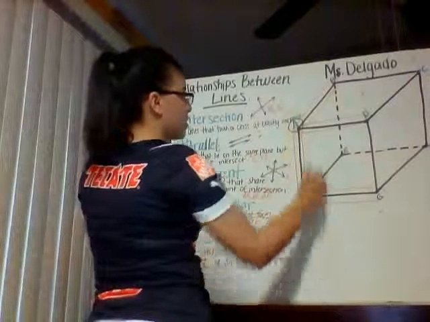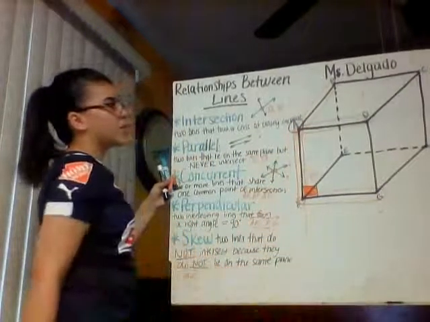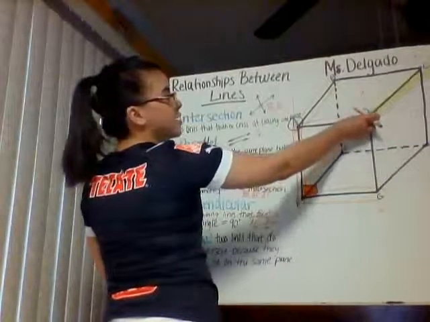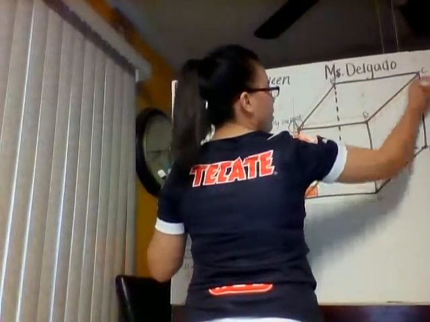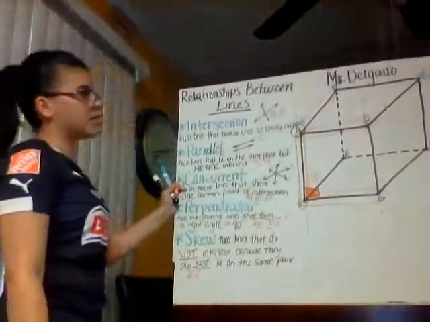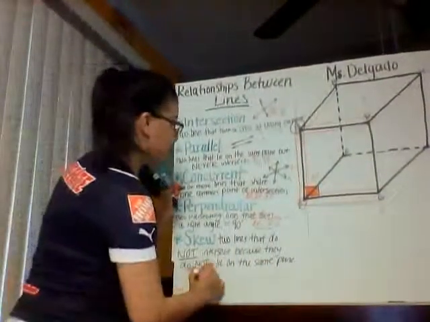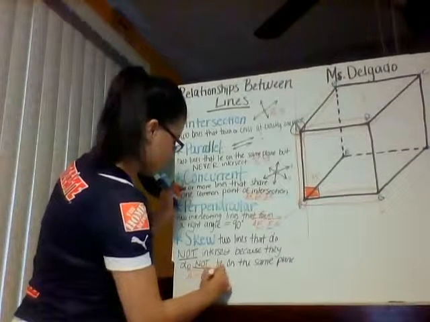And you can see we can draw a line over AF. And we are going to use DC. We circle our lines. We draw that they are never going to intersect because they are on two different planes. We use line DC.